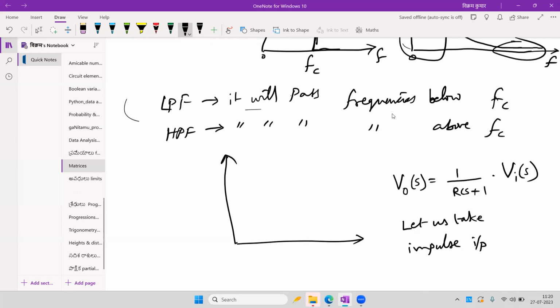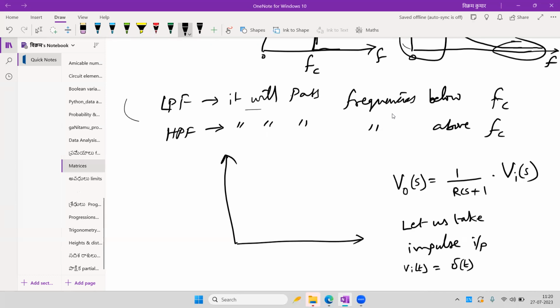When I say impulse input, Vi of t will be delta of t, the impulse.